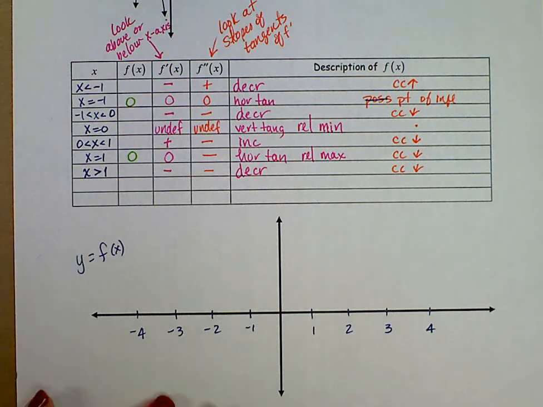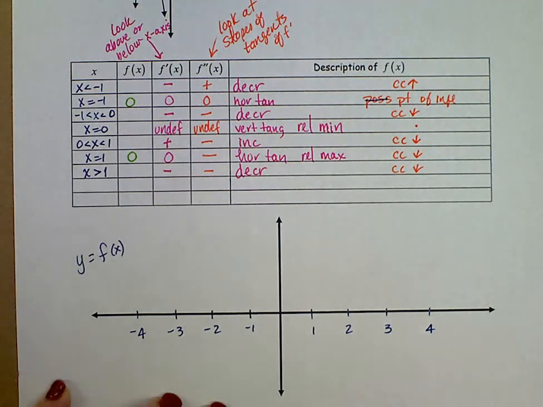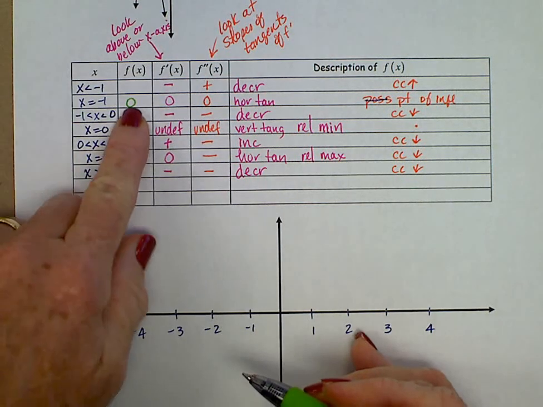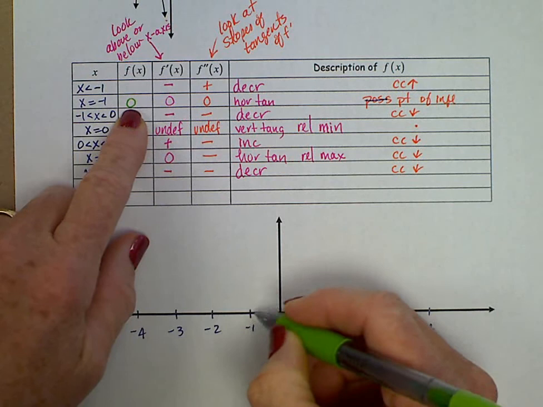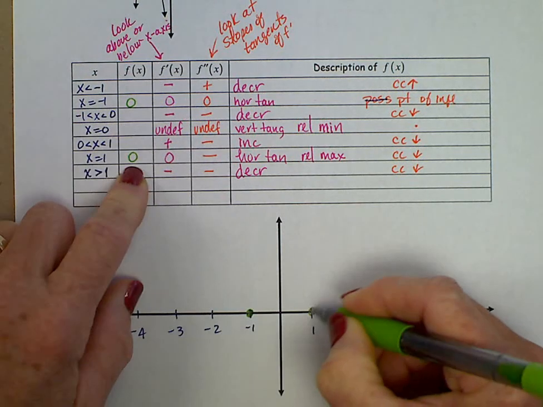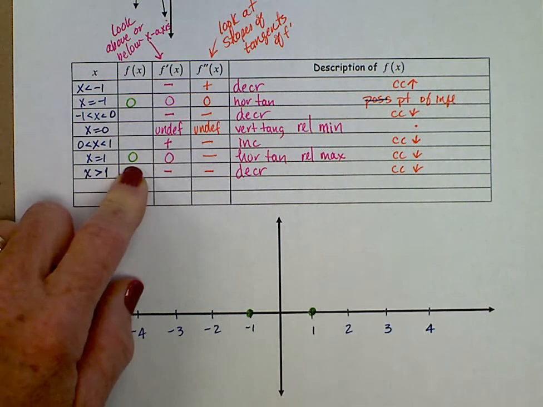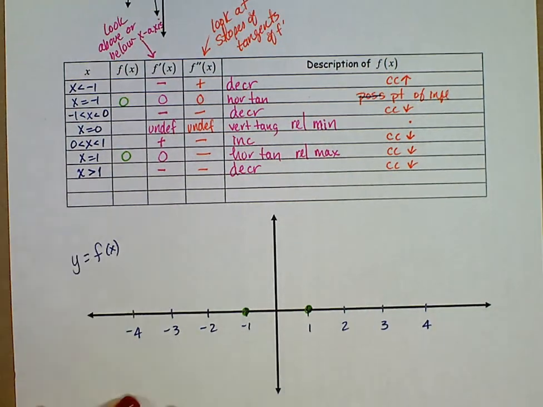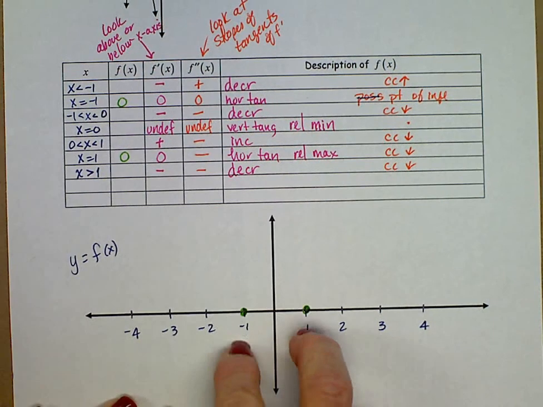When we go to graph this in, the first thing that we want to do is to put in those zeros. For f of x, we have a 0 at x is -1, and we have a 0 at x equals 1. Must hit those points, must cross or touch the x-axis, nowhere else, only those 2 points.